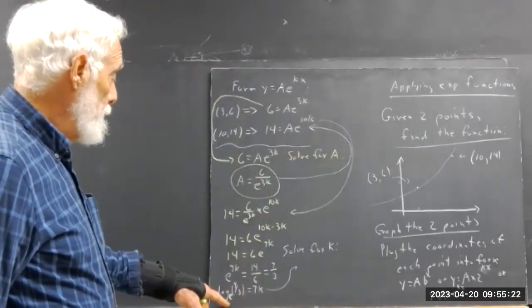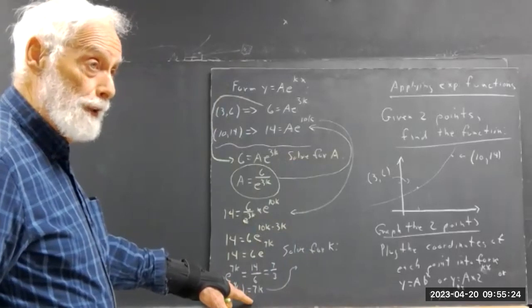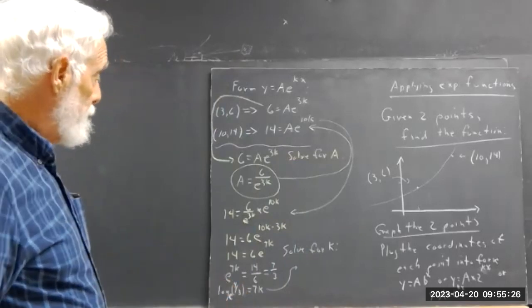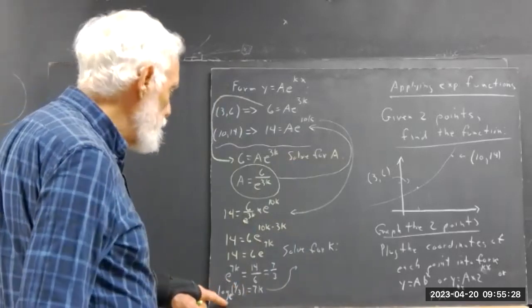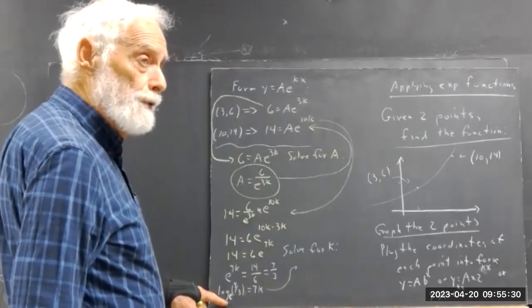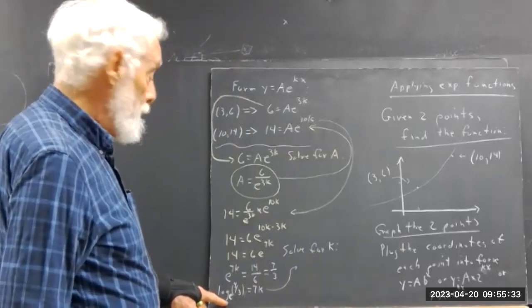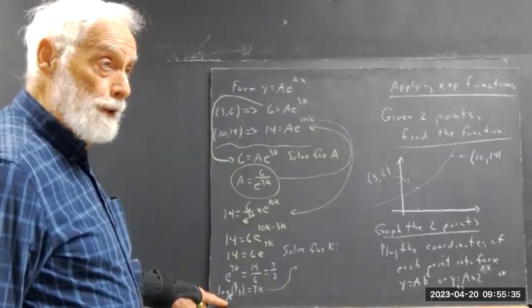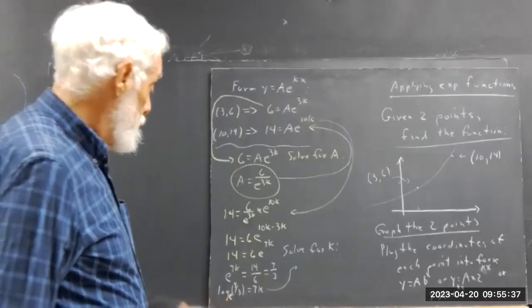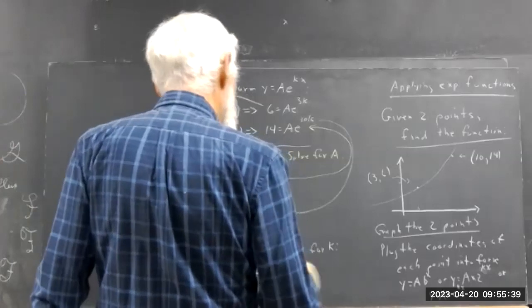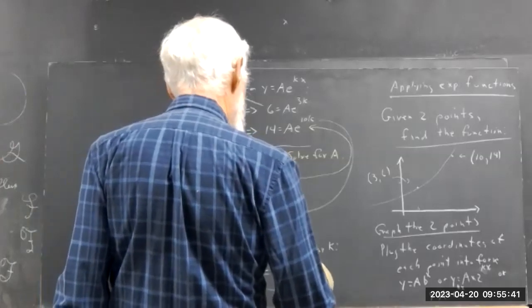It's going to be the log base e of 7/3 divided by 7. Now, log base e is just the natural log, and that's convenient because you have a natural log key on your calculator. So let me write this first of all.